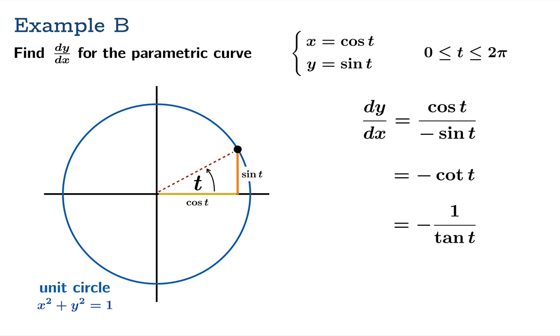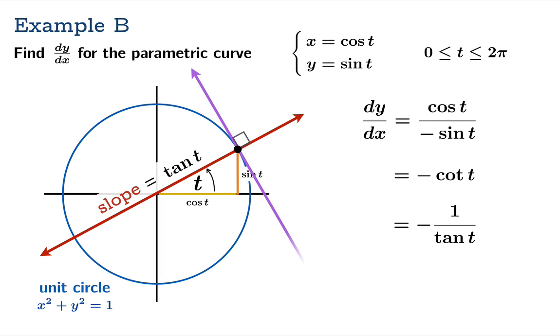If we take that ratio of sine t to cosine t, we'll get the slope of the line running right through the origin, containing that radial segment. So that slope is tangent t, sine over cosine. And we know that the tangent of the circle at that point is going to be perpendicular to this. It's going to be this line right here. That's the tangent line. And so that slope should be the negative reciprocal of tangent t. In other words, it's -1 over tan t. So our formula certainly looks good in this example. It seems to be doing the job.